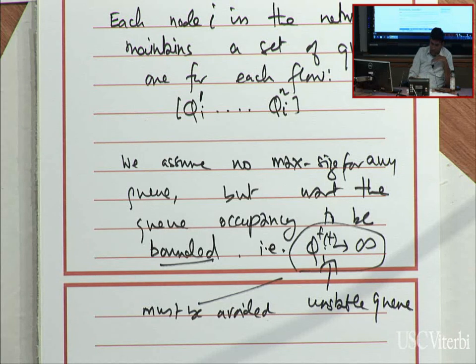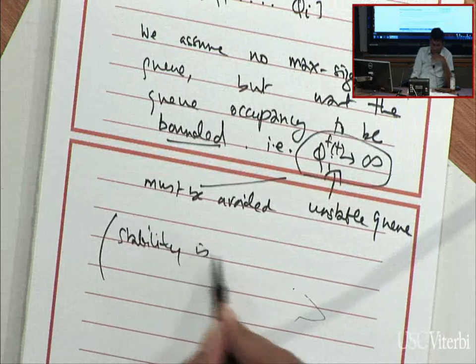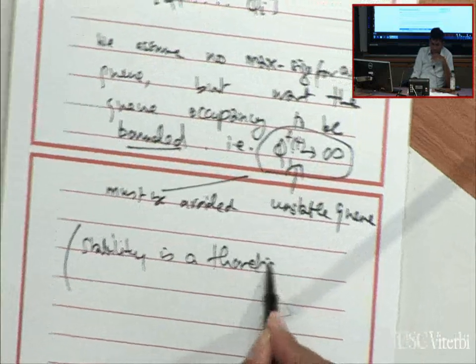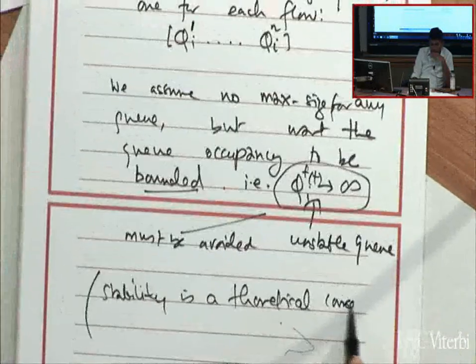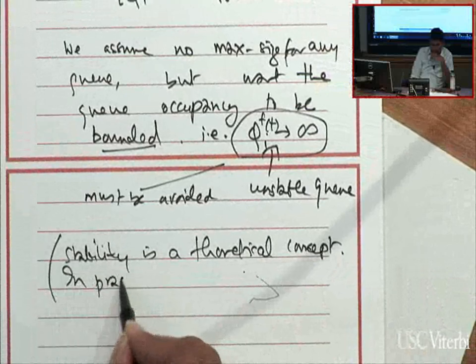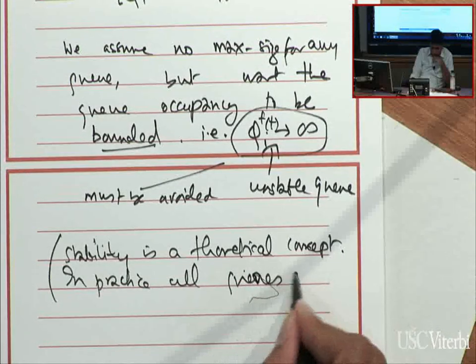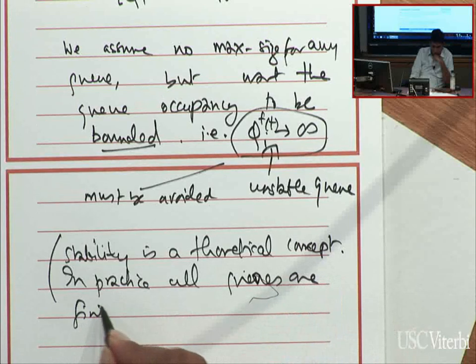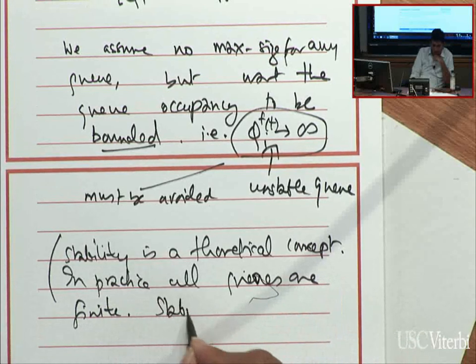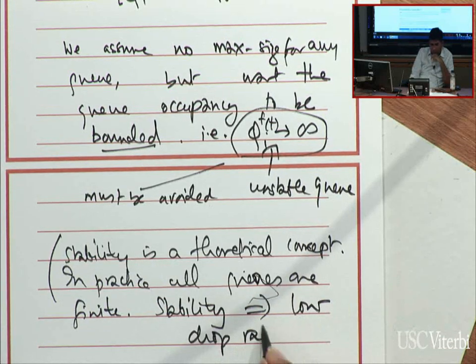Right? So I'll just put this as an aside. Stability is a theoretical concept. In practice, all queues are finite. And stability implies low drop rate or probability.